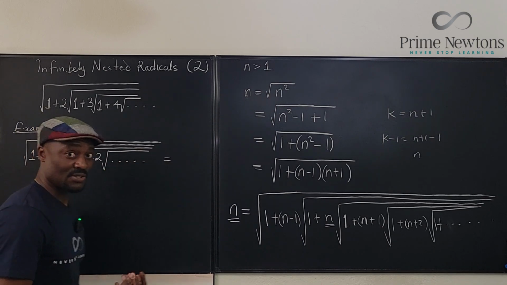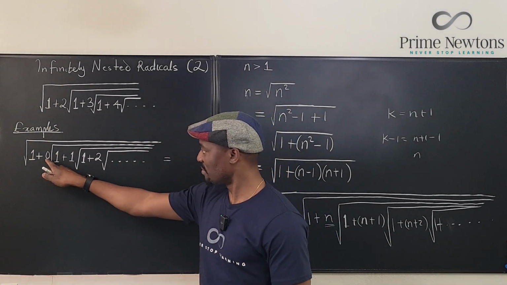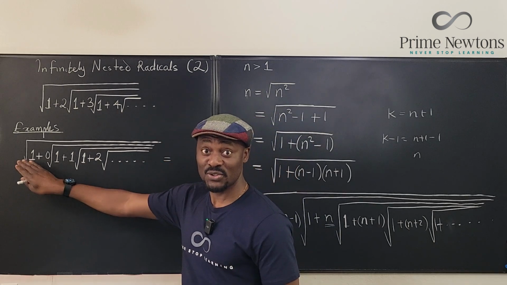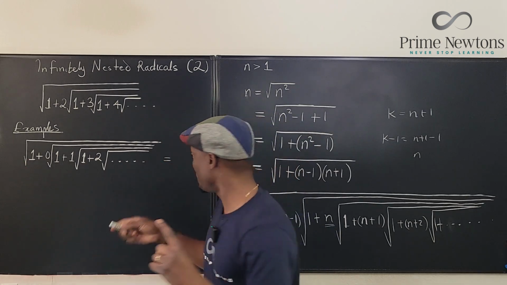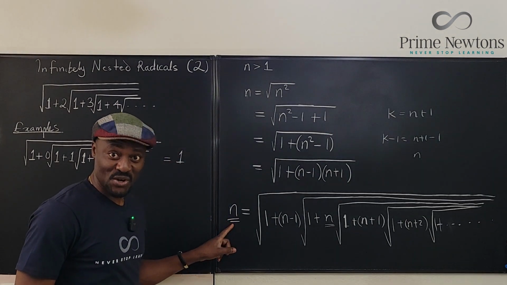What do you think the answer to this is going to be? Clearly, once you've multiplied 0 by anything, everything becomes 0. So the answer to this is just the square root of 1, which is equal to 1, which is equal to the assumption we made when we started.